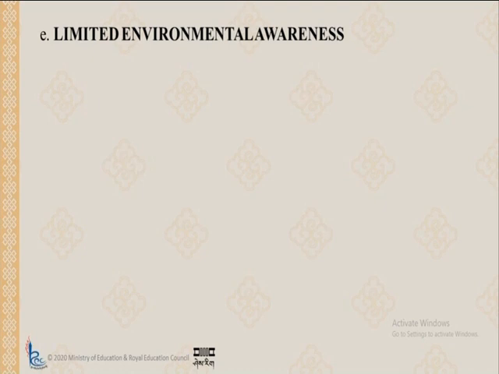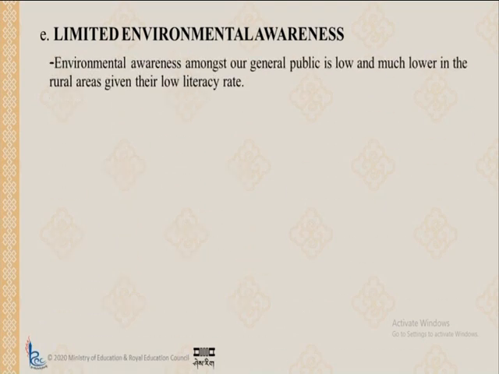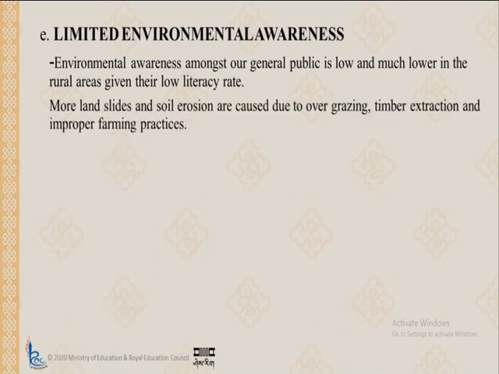Then finally, we have limited environmental awareness, which is also a human made disaster. Environmental awareness amongst our general public is low, and much lower in rural areas given their low literacy rate. More landslides and soil erosion are caused due to overgrazing, timber extraction and improper farming practices.